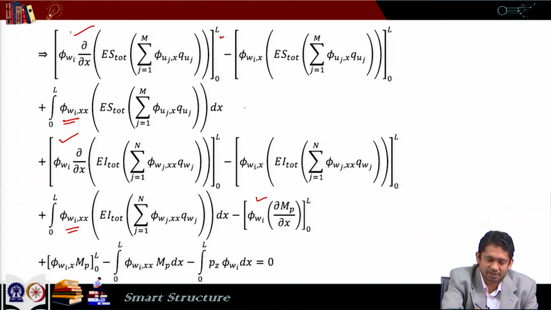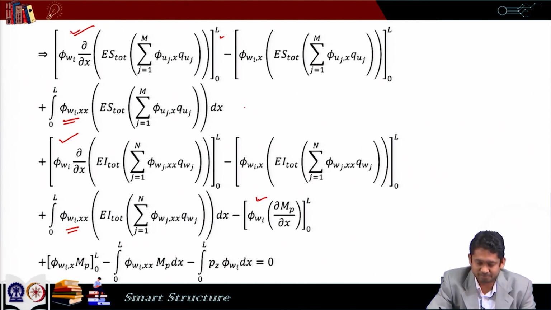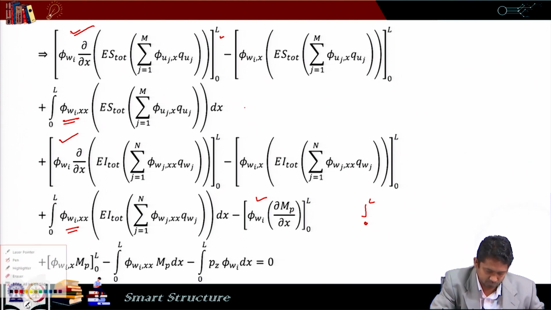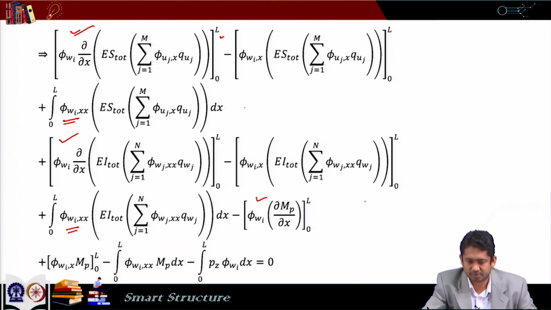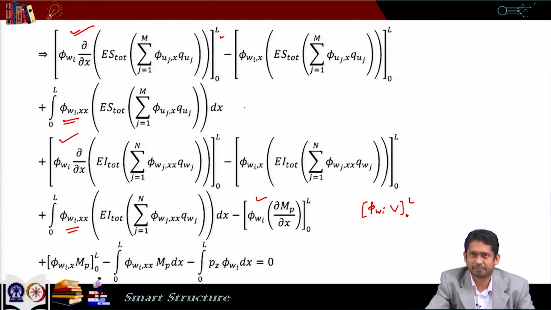So, if I combine these three terms, that gives me phi w I multiplied by shear force, and they are evaluated at x equal to 0 and L. And again we have the same logic that these phi's are supposed to satisfy the essential boundary condition.